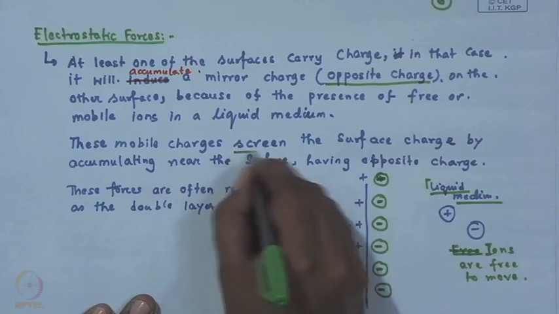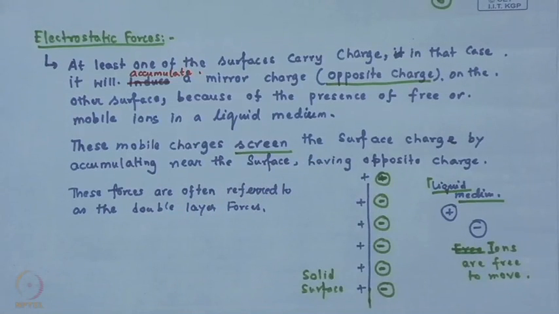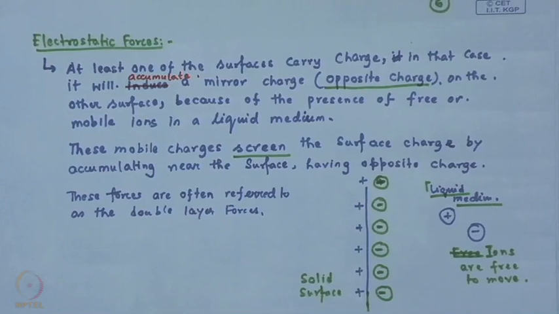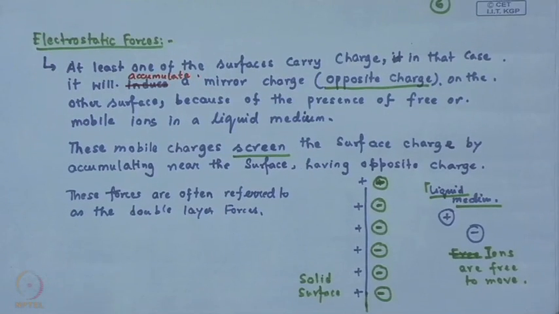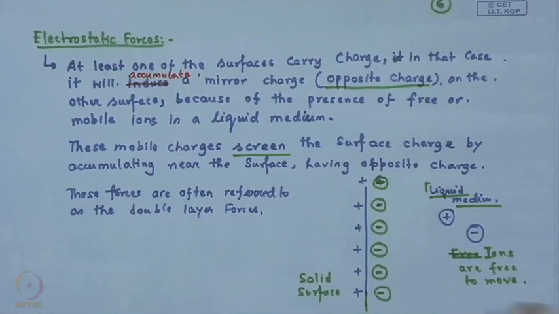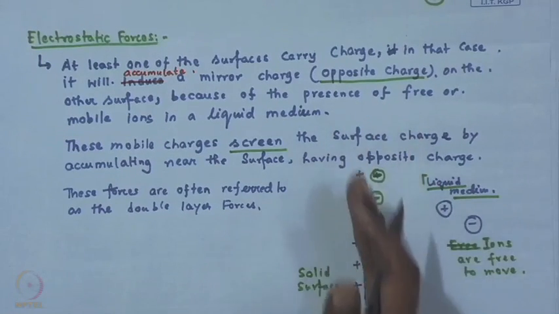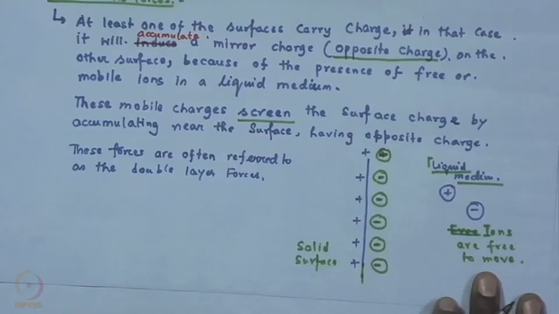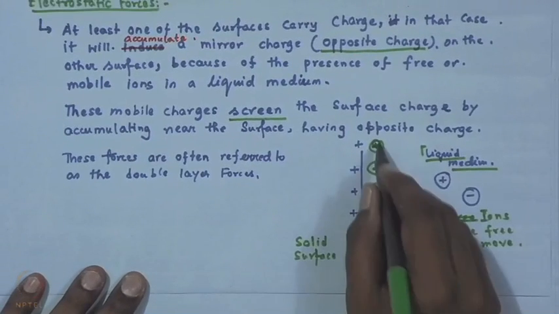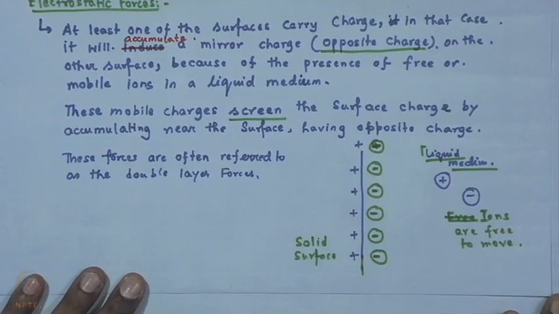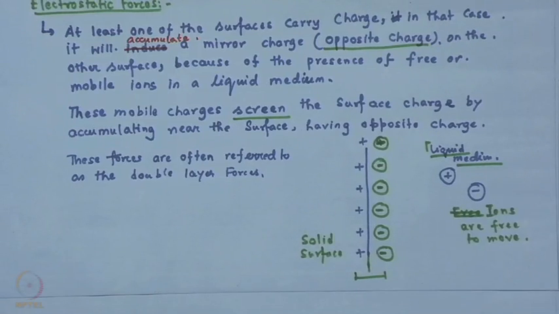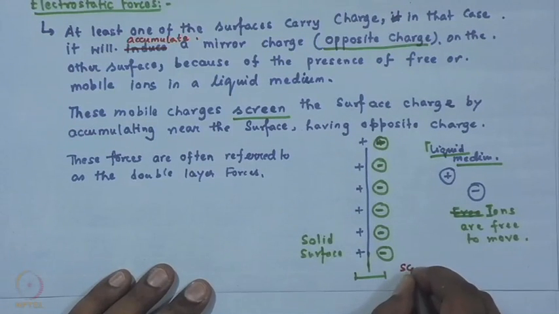So, what does screening mean in this context? It means that to the liquid, the surface does not appear to be positively charged, but it appears as if effectively the surface has a negative charge. This layer of accumulated ions has screened the actual surface charge.